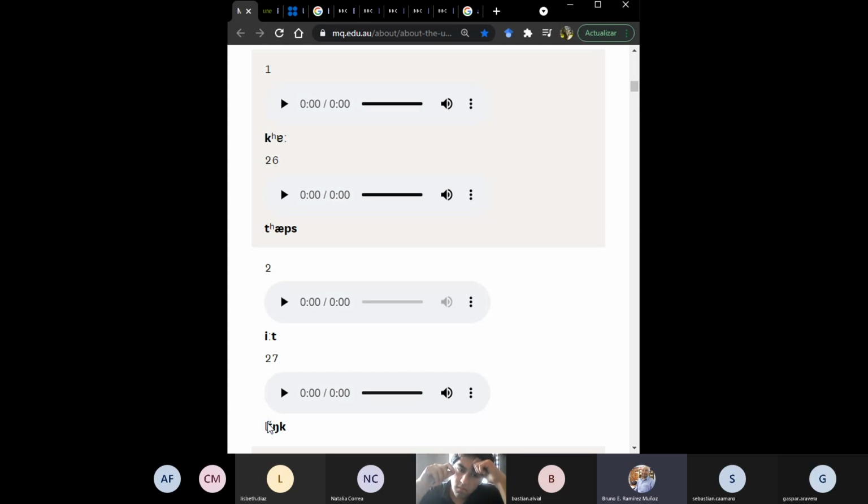By placing this small diacritic symbol above the vowel sound, the symbol representing the vowel sound. Okay, that's the idea here. I don't know if it's clear.